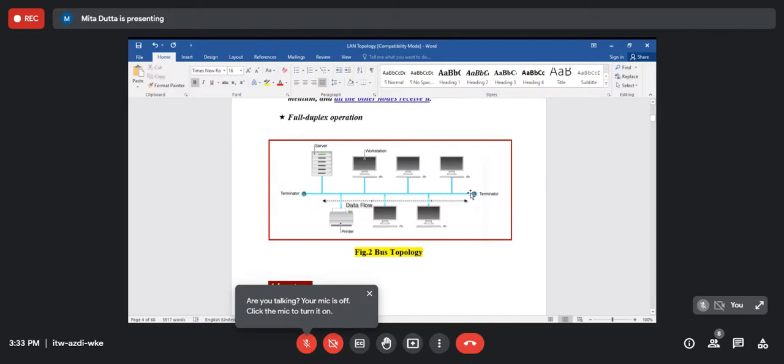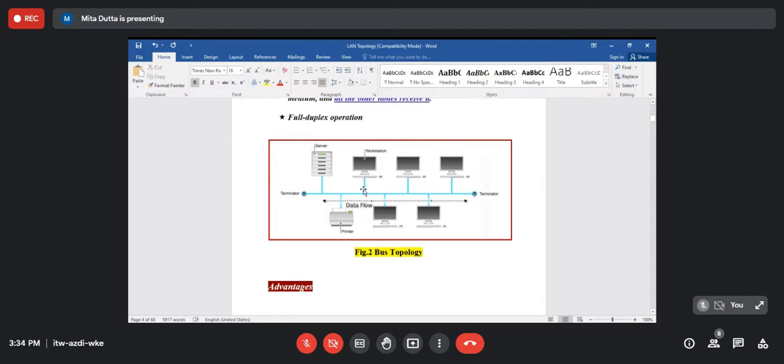Say this workstation will send an information. Now this information sent will be broadcast in nature. Why broadcast? Because all other stations connected in the network will receive the same information, and the signal flows to both ends.